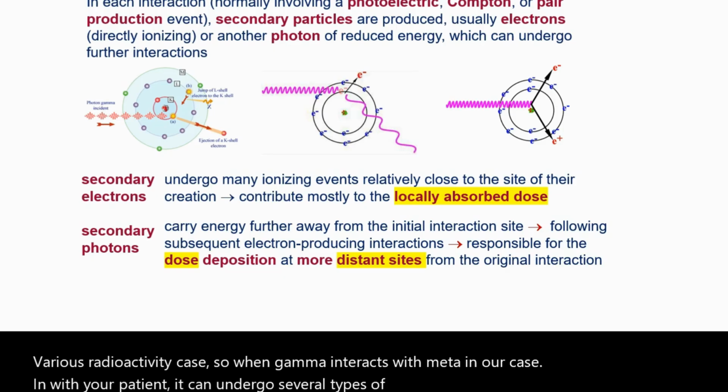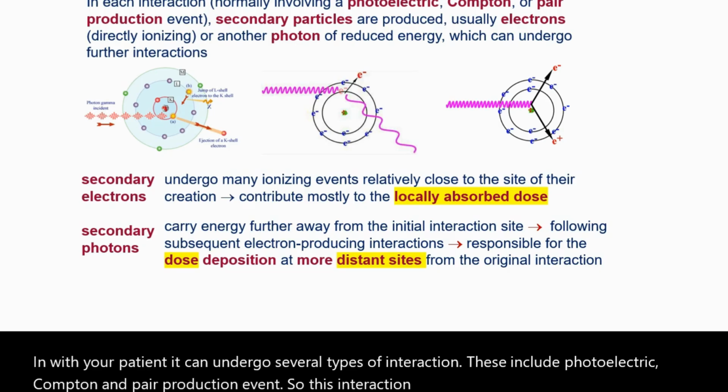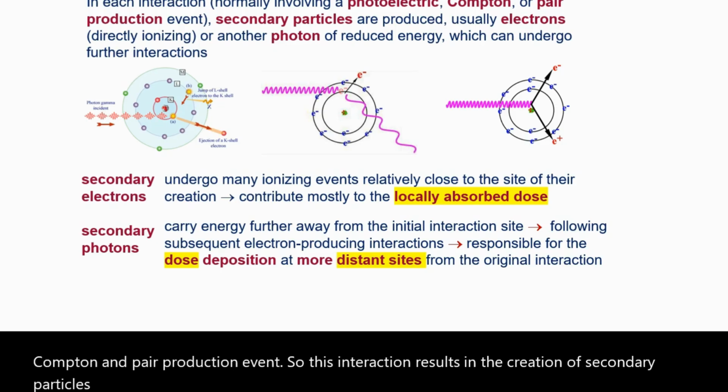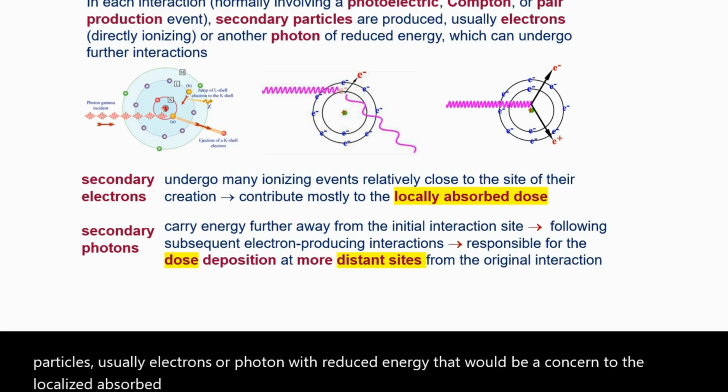These include photoelectric, Compton, and pair production events. These interactions result in the creation of secondary particles, usually electrons or photons with reduced energy, that would be a concern to the localized absorbed dose to the patient.